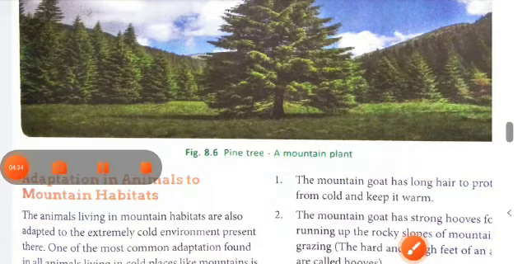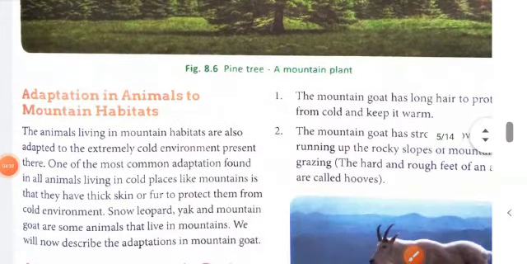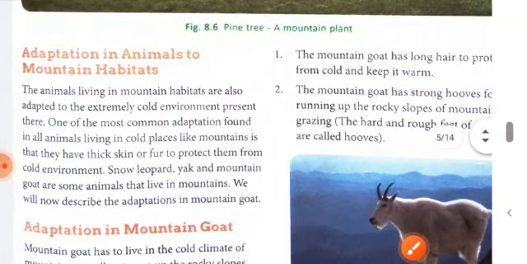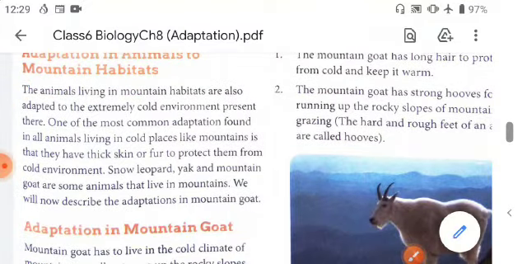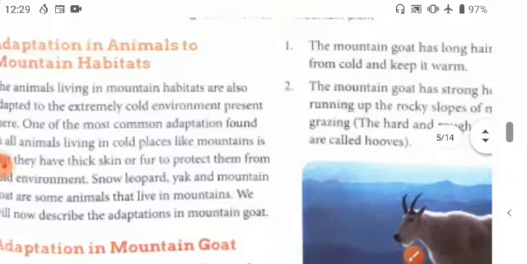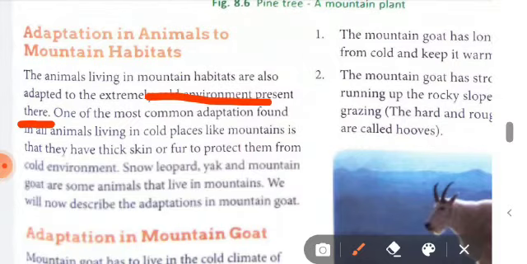Okay. Now the next heading is adaptation in animals to mountain habitats. Students, animals living in mountain habitats are also adapted to the extremely cold environment present in those regions.